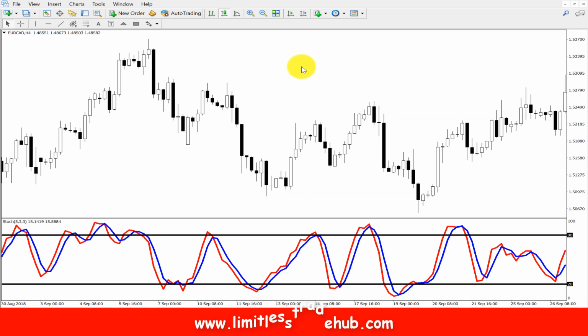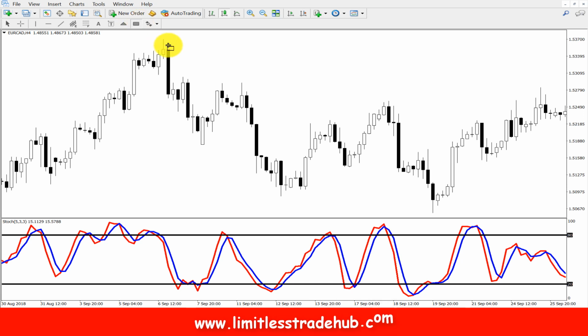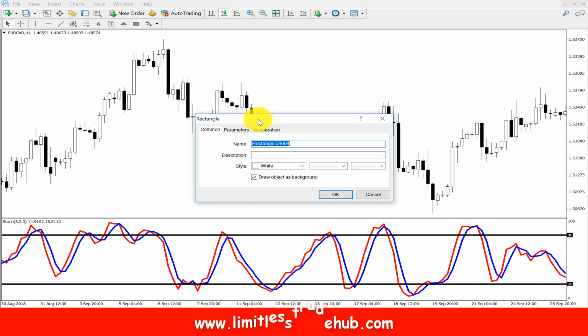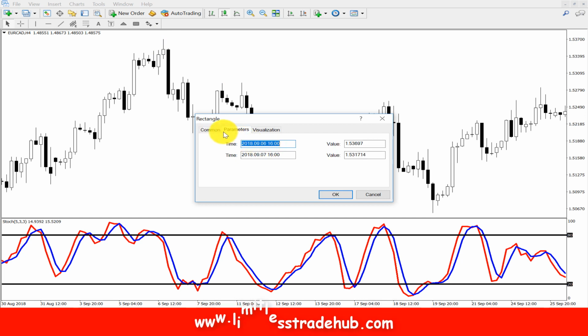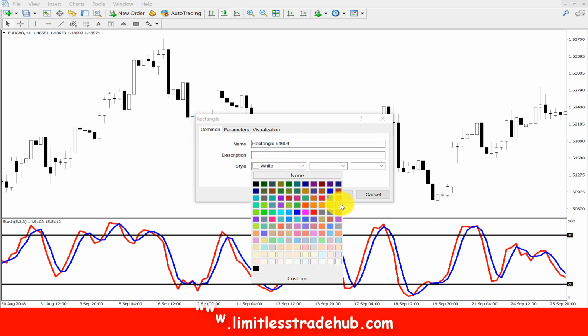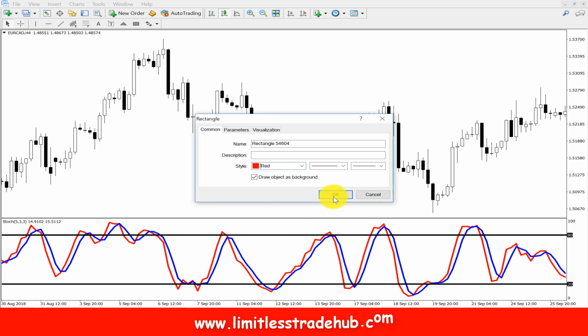Okay, the core system is, allow me to change the property of the rectangular from white to red.